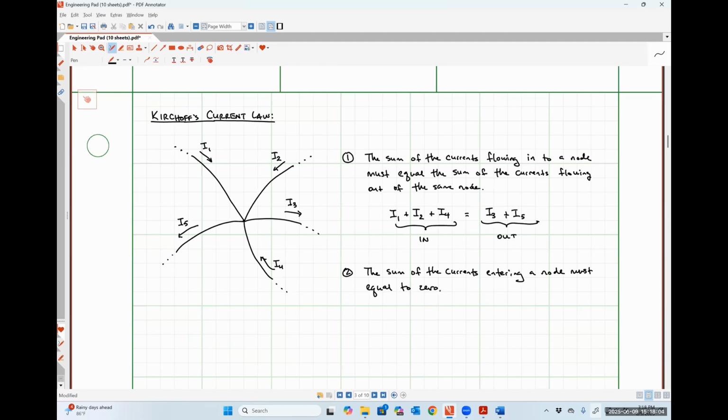So this isn't saying I1 plus I2 plus I4 is equal to 0, because we have to take all of our currents into account, okay? So if I3 is flowing out, then negative I3 is flowing in or entering that node, okay?